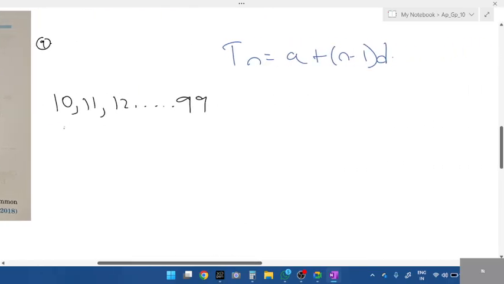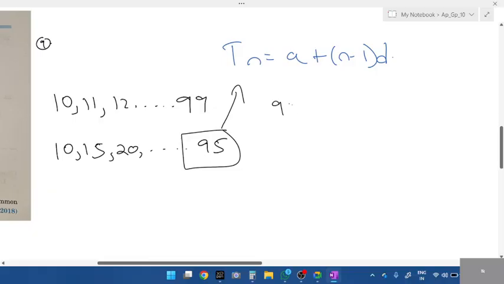So start from 10. In this, what are the numbers divisible by 5, students? 10, 15, 20, up to which one? Up to 90. No, 95. So 95 is the last number, the Tn value. 95 is equal to a, which is 10. The first value is 10. Don't take it as 1 or 5, that is a one-digit number.